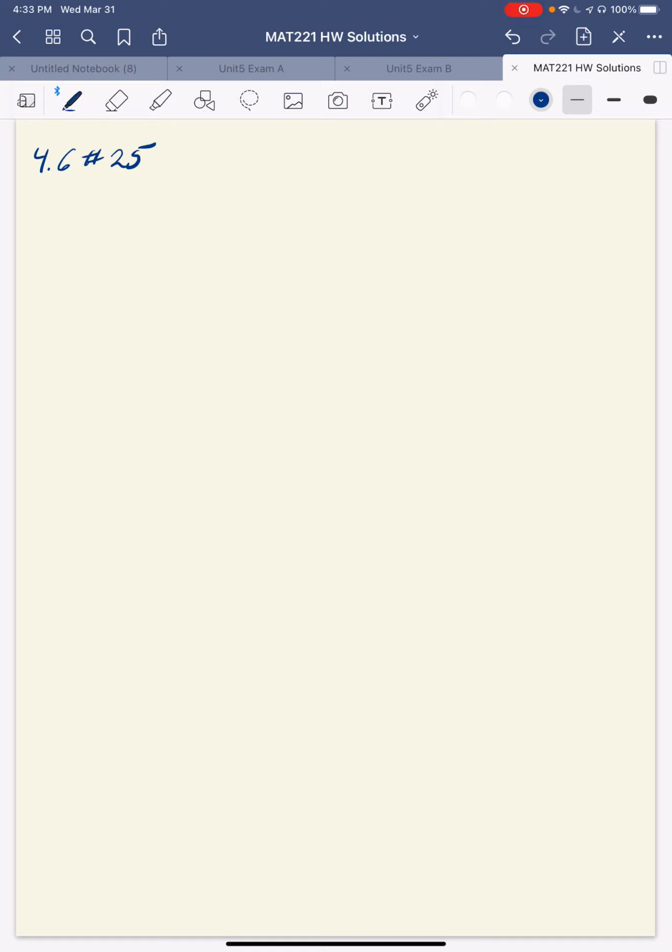I am going to start by drawing out a set of axes, because that is a nice way to demonstrate this. This origin right here is my intersection that the cars are going to drive through. Car A is heading east towards the intersection, so car A must be over here someplace.